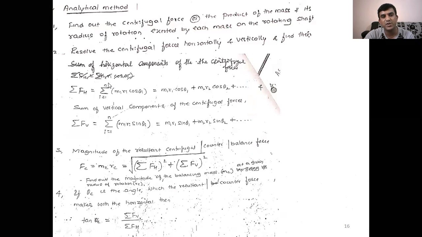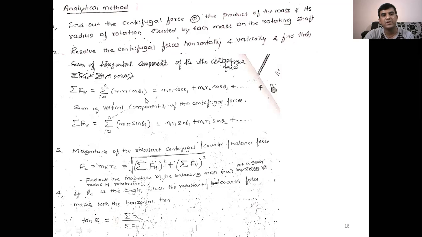Omega square is not considered here because finally it will get cancelled. If you expand for our case, i is equal to 1 to 4 masses, that is m1 r1 cos theta 1 plus m2 r2 cos theta 2 up to m4 r4 cos theta 4.